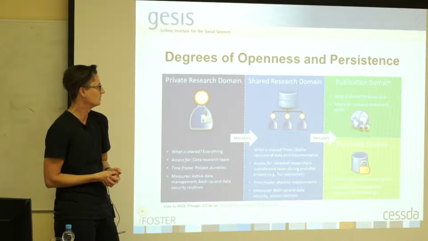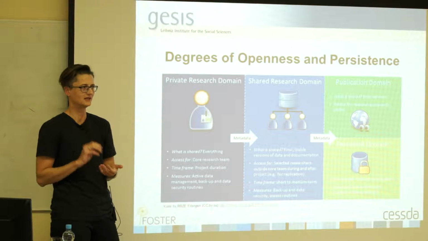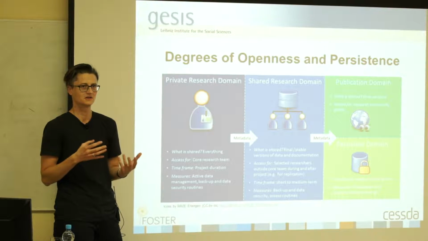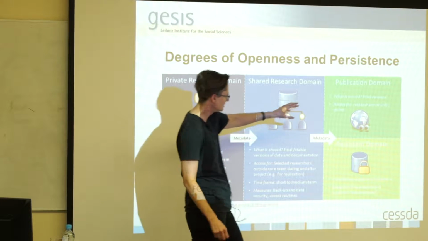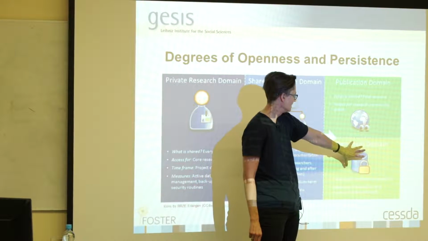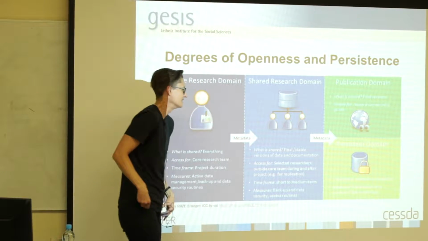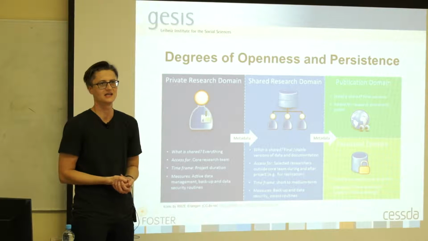But overall, in the publication domain, there's only the final version. There's the documentation for that final version, but this is not going to change anymore. And linked to the publication domain may be the persistent domain, which is the domain where archiving takes place.